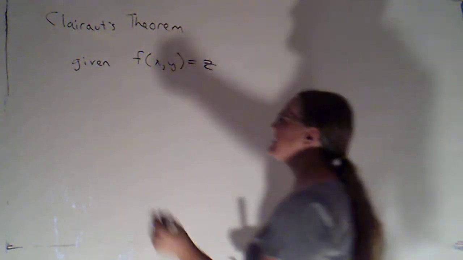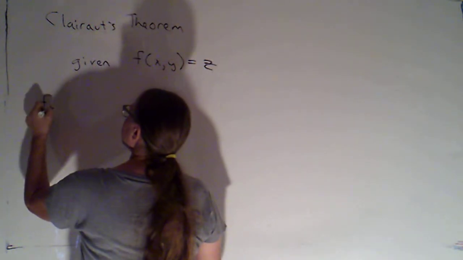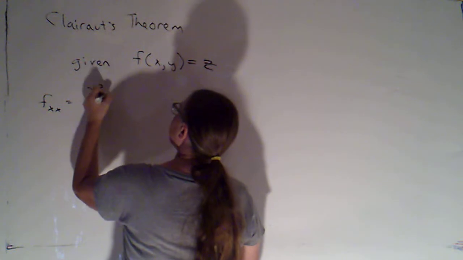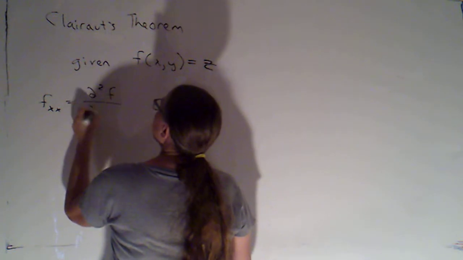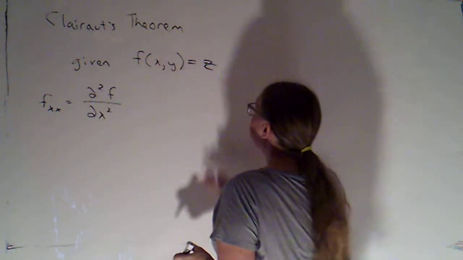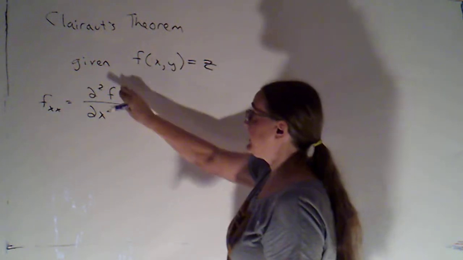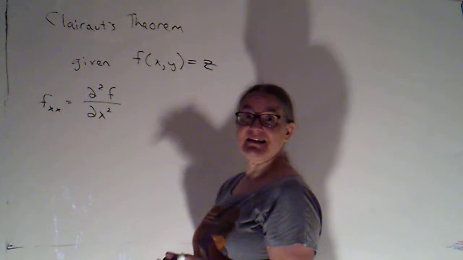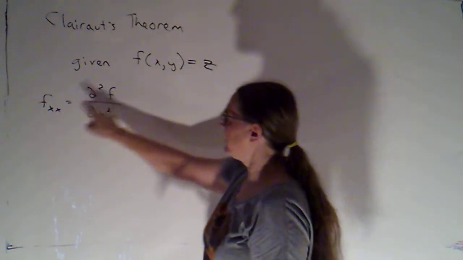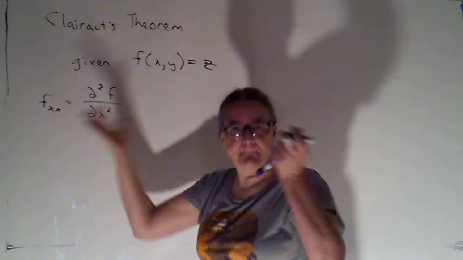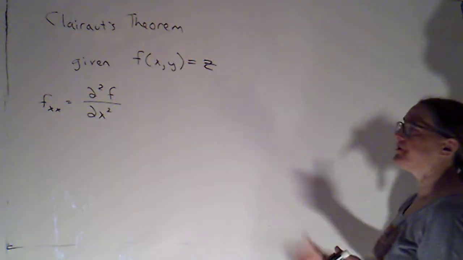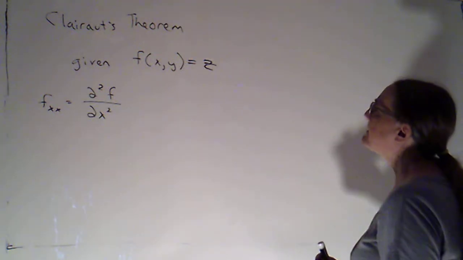So if I had this, and let's say I wanted to take f sub xx, or the partial squared f with respect to x. And of course, if I'm calling the output z, I could replace the f's here with z's. More common to see it here than to see it here, but you can call the function f, or you can call it by the name of its output.